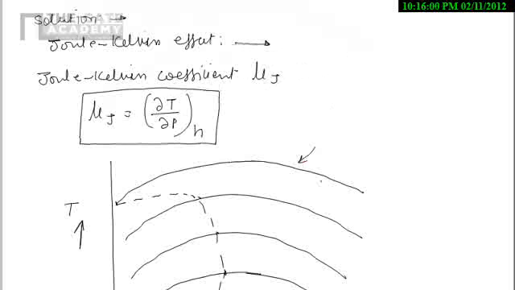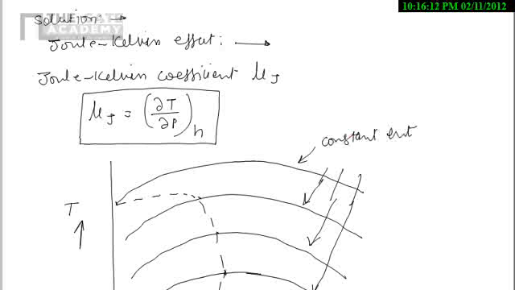All these curves are constant enthalpy curves. So if we join the top points of all these curves, we will get an inversion curve. That is called the maximum inversion temperature.